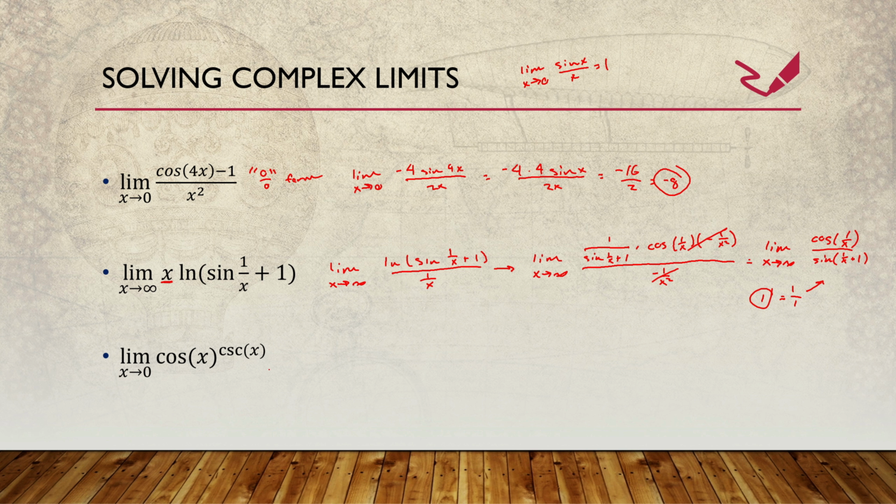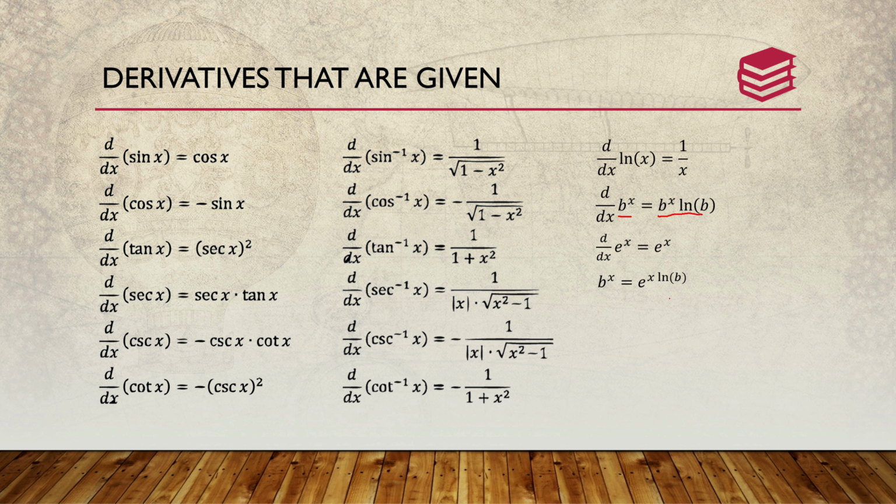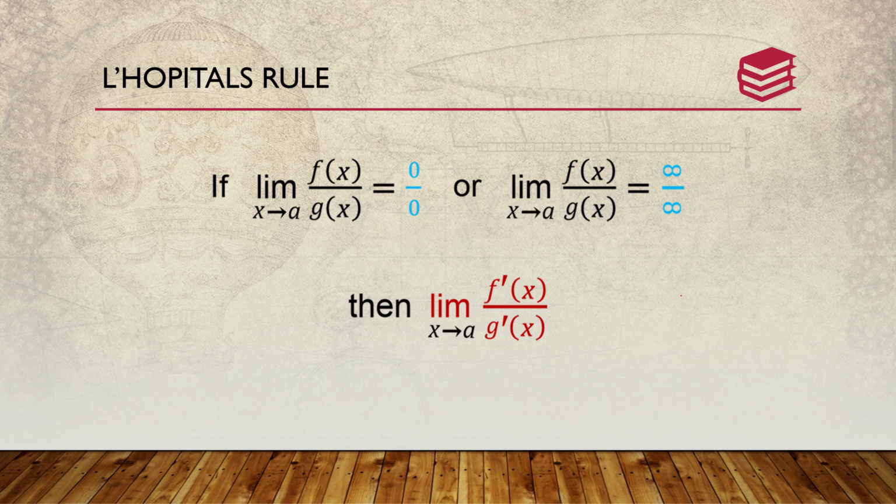And then the third, we will have to do a bit of a different trick. So since cosine is in power of cosecant, in order to figure this one out, we will have to raise the entire function in power of e. Because what we will use is this formula here: b to the x equals e in power of x ln of b.